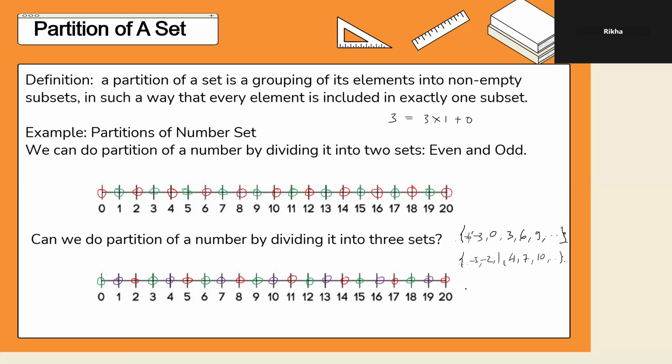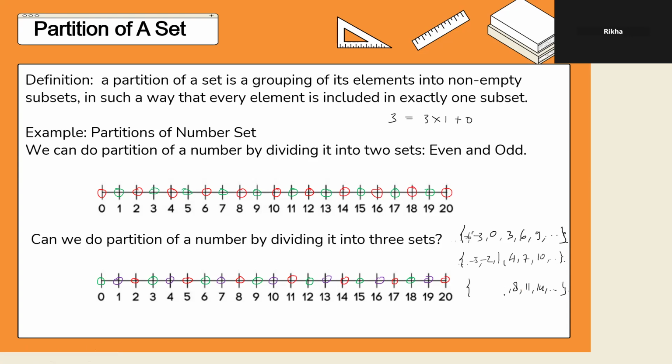And then next, now the third set is the set where all numbers, when divided by 3, the remainder is 2. 8, 11, 14, and so on.